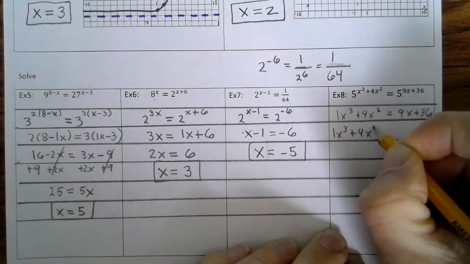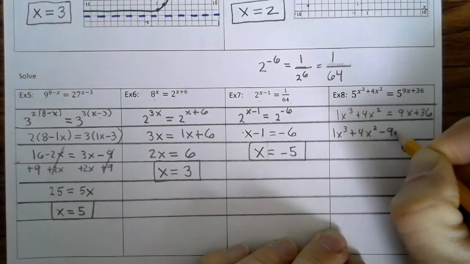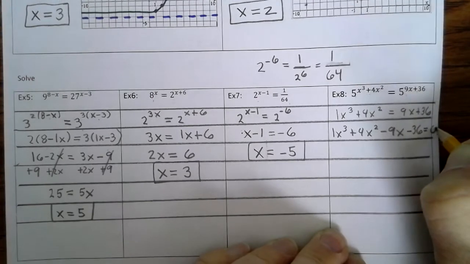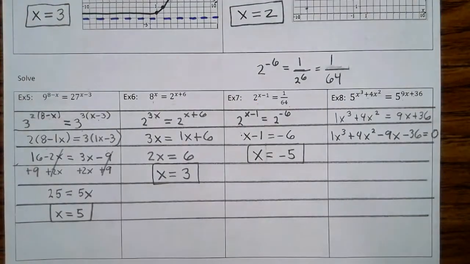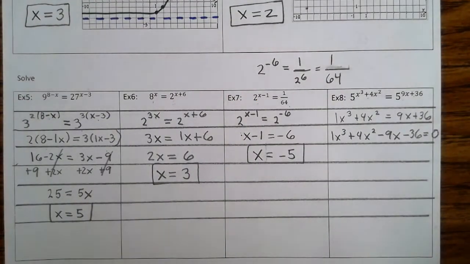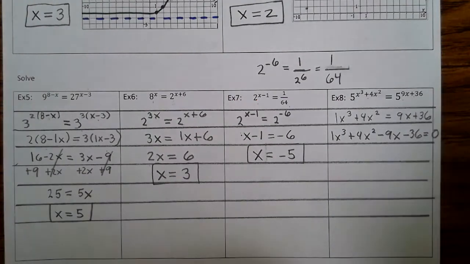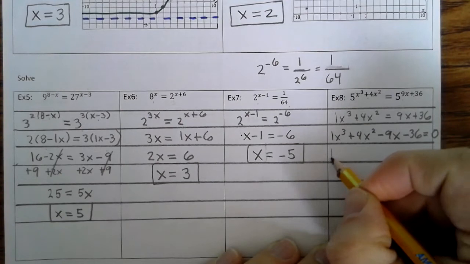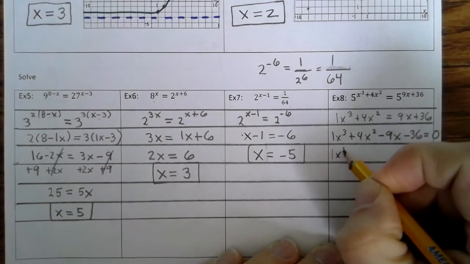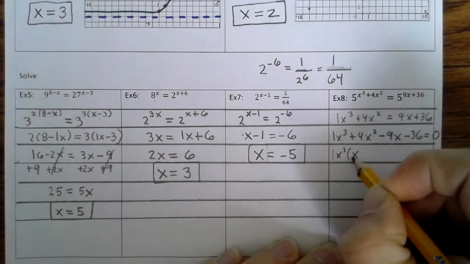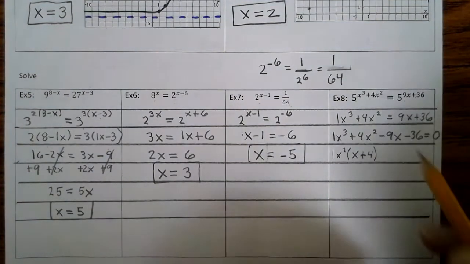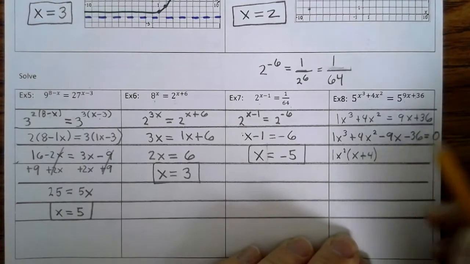Now, there's 4 terms, so we're going to factor by grouping. It looks like we can factor out an x squared from each of the first two terms. So 1x squared, which would leave x plus 4. Now, it looks like we can factor out a negative 9 from both of these terms. So that's minus 9, which leaves x plus 4 equal to 0. Since these two terms are the same, we can factor by grouping.